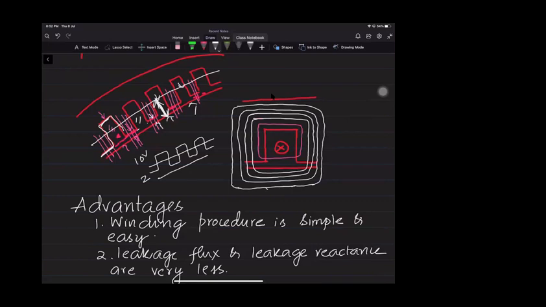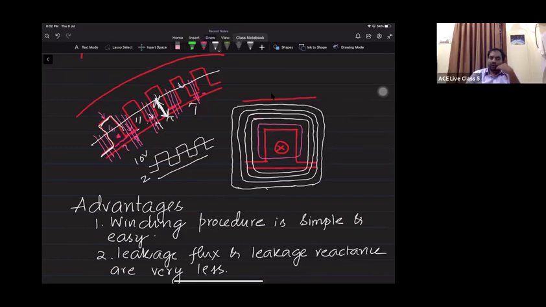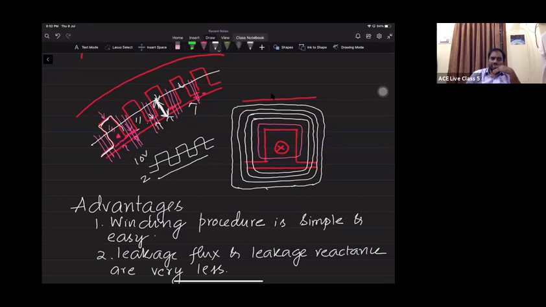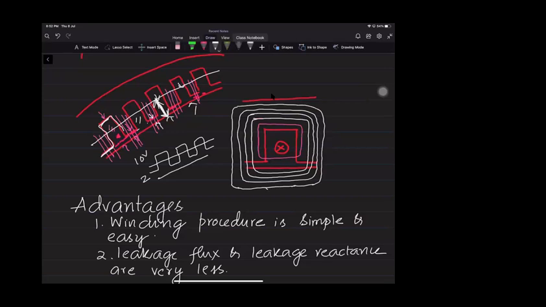Sir, yesterday you told that in induction machines there will be a current flow through the yoke, sir, in the standardization and selection of the frame. Sir, you said that due to current flow in the frame, heat will be generated.